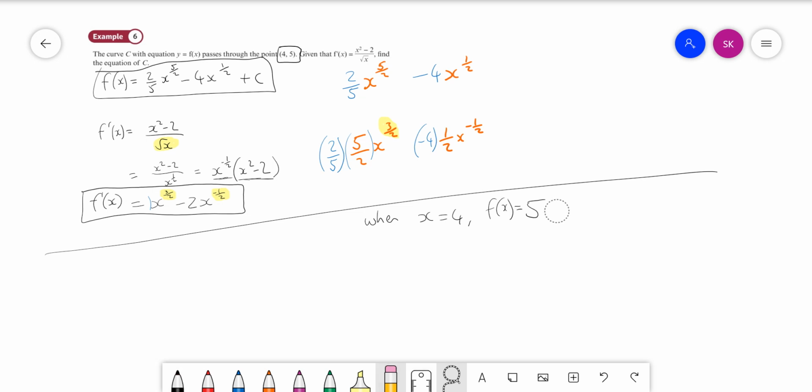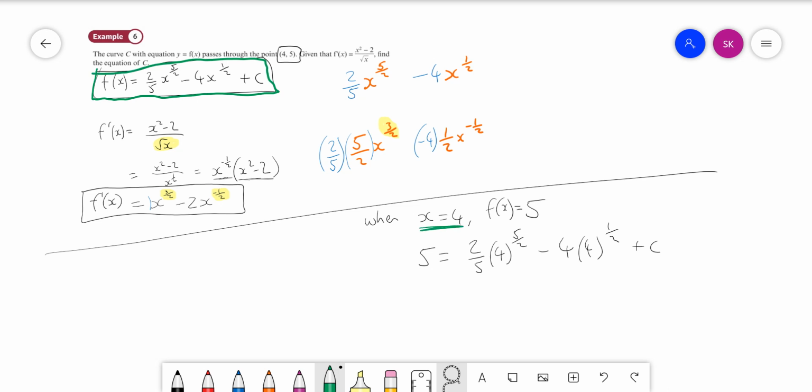I'm just going to write that nicely underneath. 5 equals 2/5 times 4 to the power of 5 over 2 minus 4 times 4 to the power of a half plus c. So what I'm doing there is I'm writing out this function, but instead of x I've written 4, instead of f of x I've written 5.